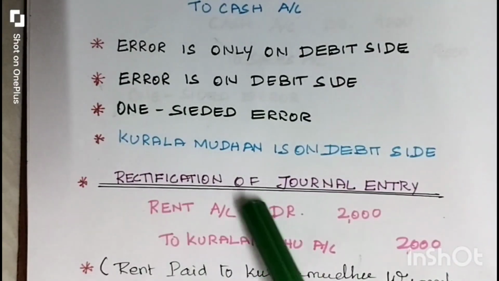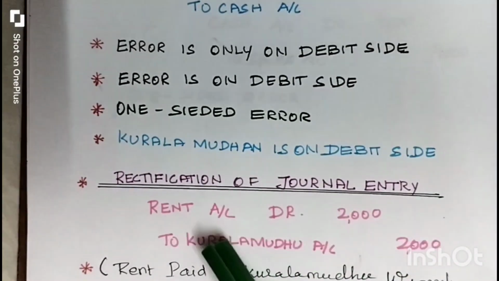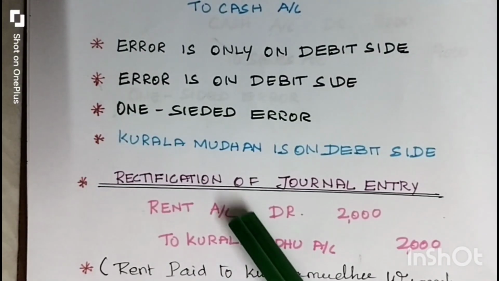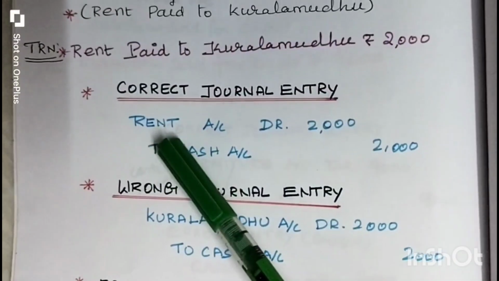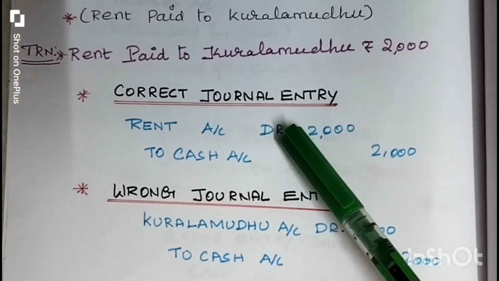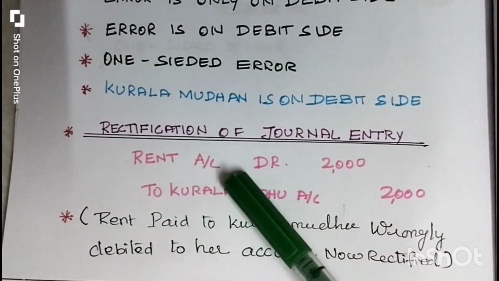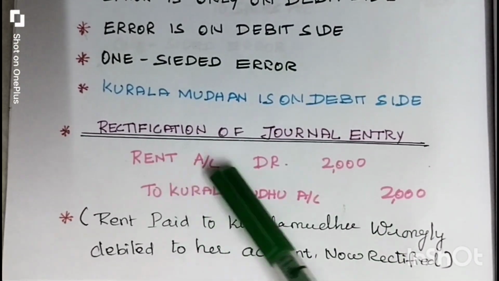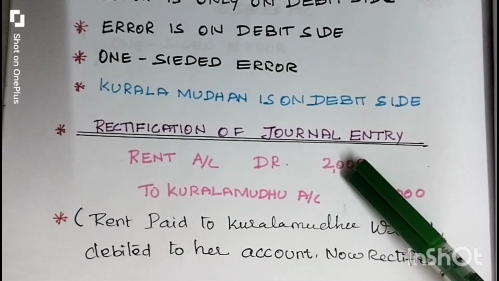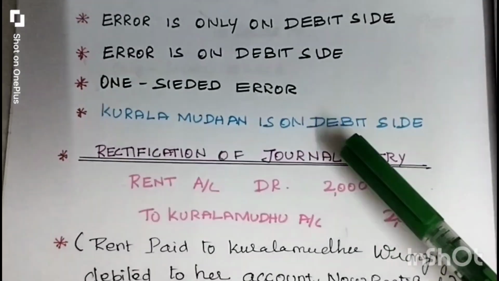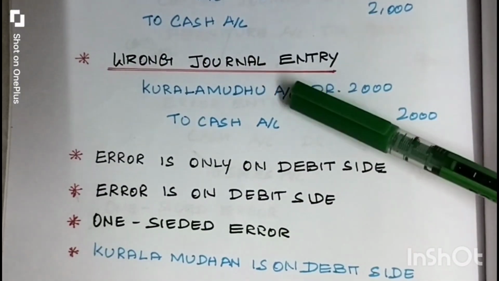So for the rectification of the journal entry, first you have to enter the correct account on the correct side. Which account is the correct account? The rent account, on the debit side. So on the debit side we enter rent account debit 2,000 rupees. Then we check which account is the error account.